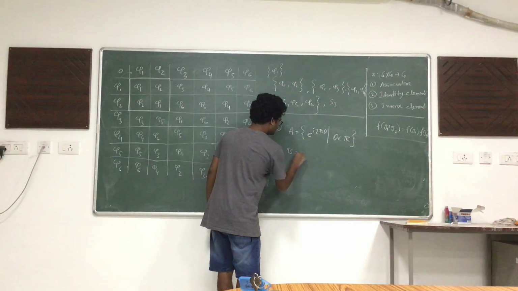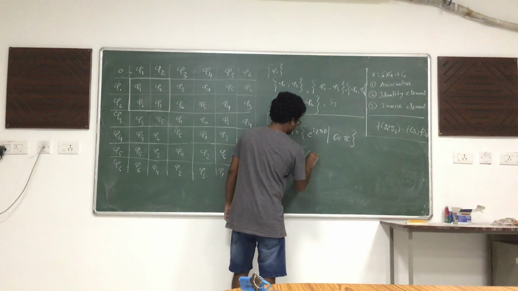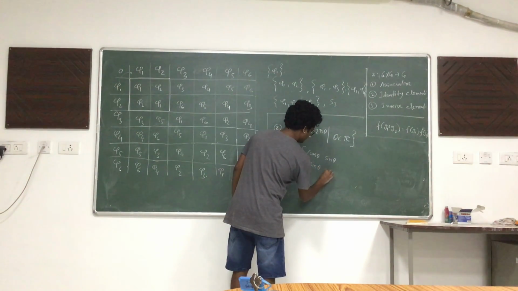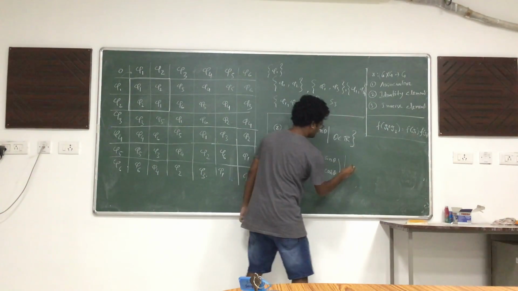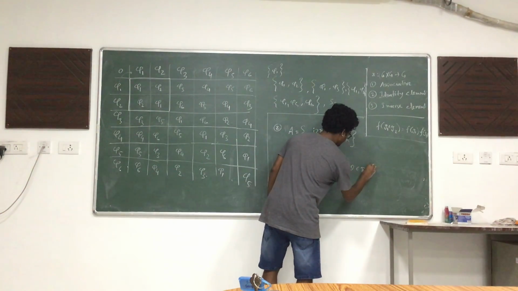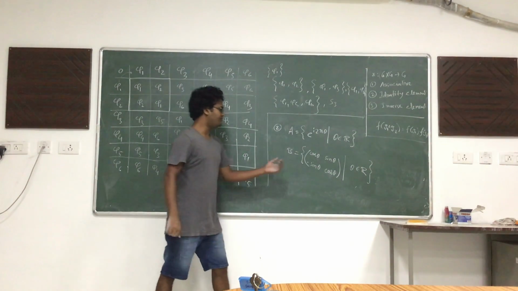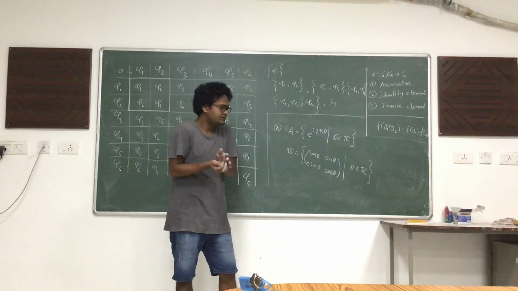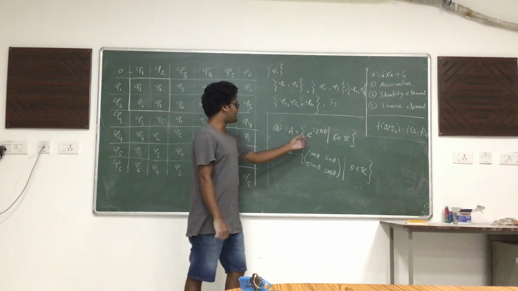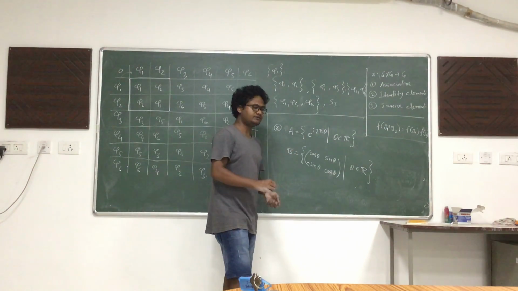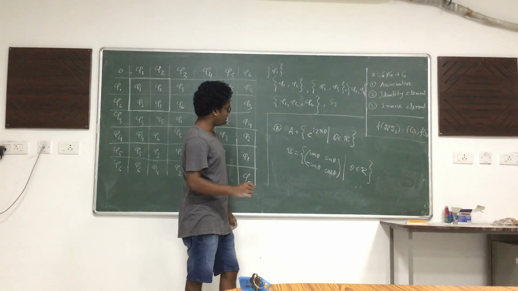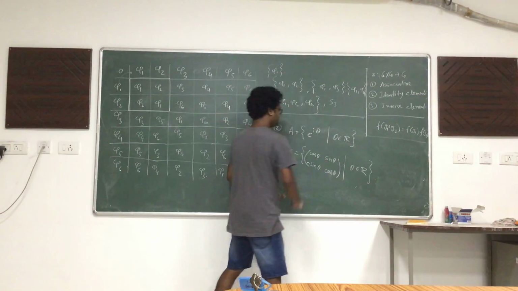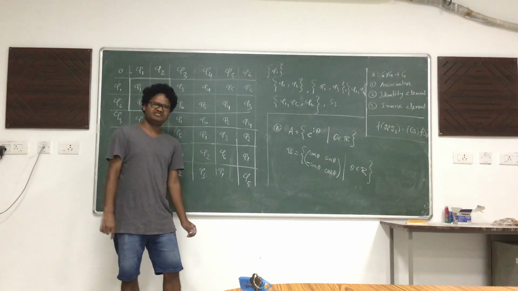And B is a group of matrices cos theta, sin theta, minus sin theta, cos theta, where theta belongs to the reals. So it is the collection of all 2 cross 2 orthogonal matrices. And A is the collection of all e to the power i theta. Is 2 pi necessary? I don't think 2 pi is necessary. Yes, i theta, correct. 2 pi is not necessary.